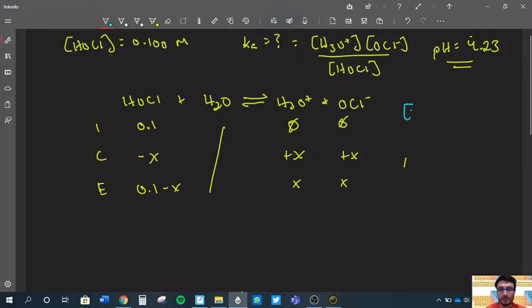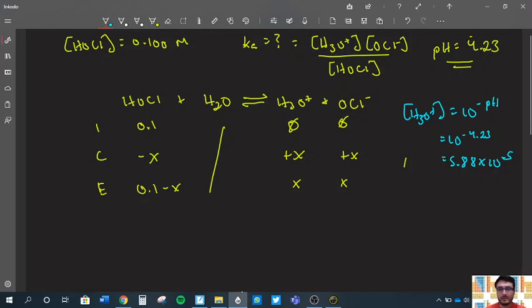To do that, remember that the concentration of hydronium is 10 to the negative pH. So 10 to the negative 4.23 is 5.88 times 10 to the negative 5.